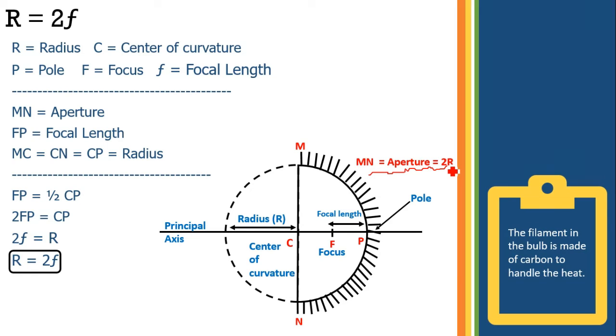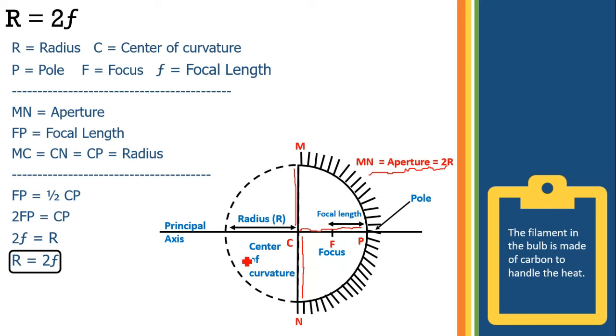Now what is FP? FP is known as focal length, means distance between principal focus and pole. Now what is MC? This part. CN means this, and CP means this. What are these three? So we can say these are the radius of a circle. Now FP is half of CP. This FP is half of whole CP. 2 is in division, so it will go in multiplication.